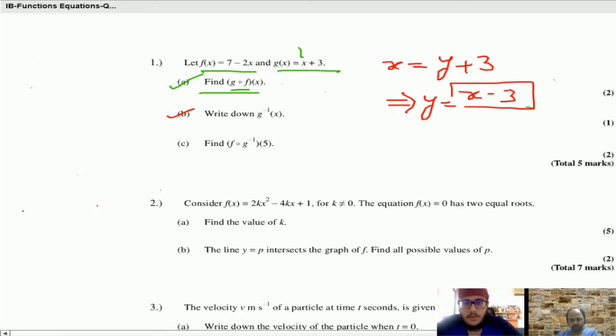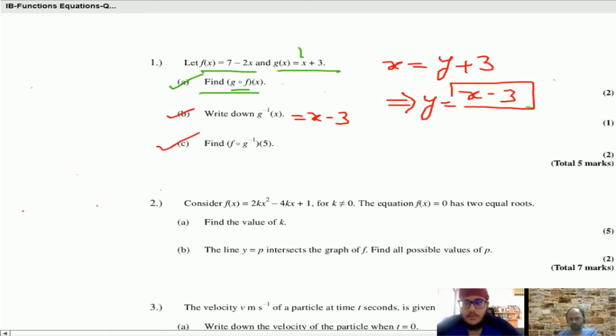So this one is going to be the inverse. Okay, great. So we are done with the first two parts.